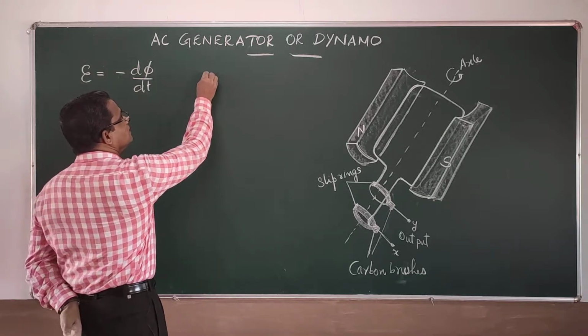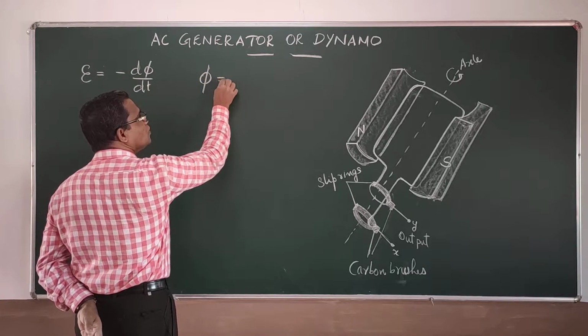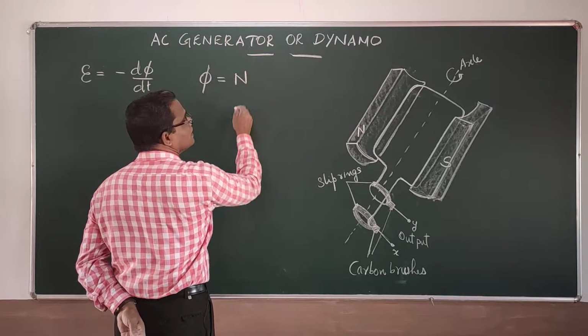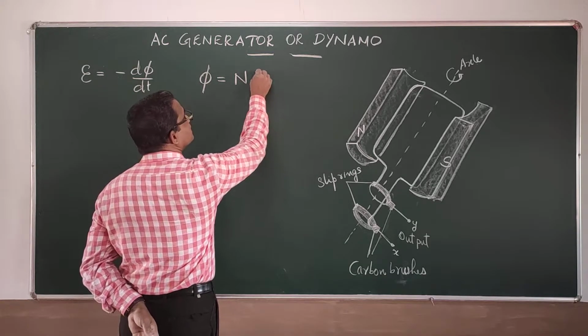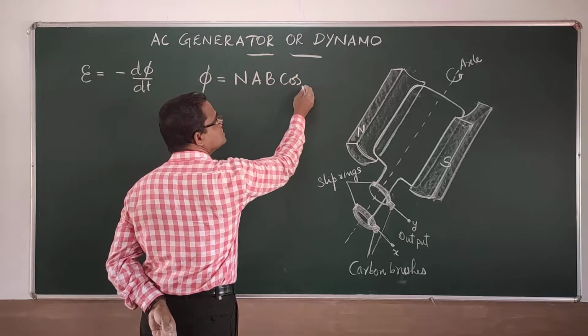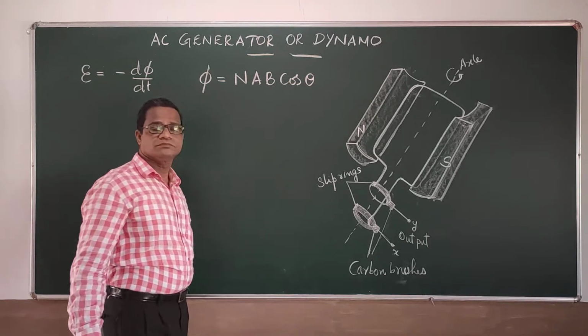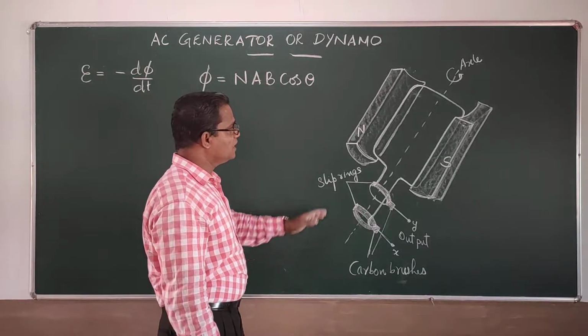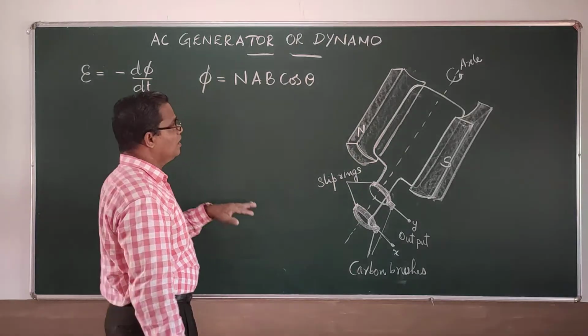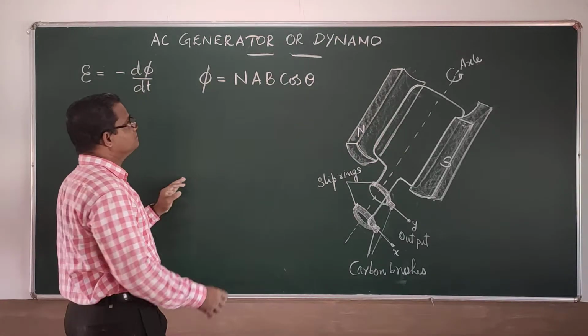Here the flux phi will be equal to N A B cos theta, where theta is the alignment of this coil with respect to the magnetic field.